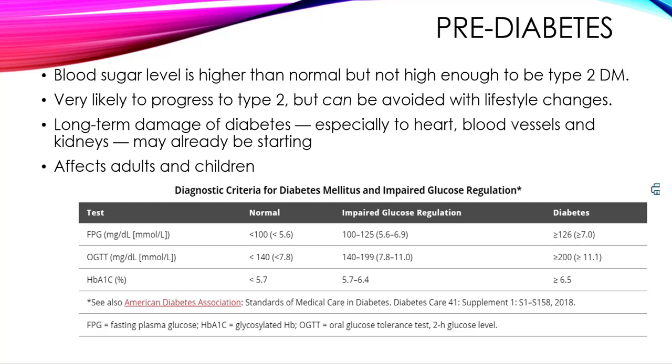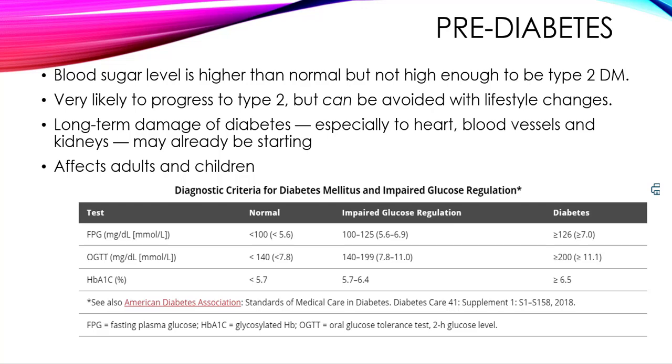Even when a person is told that they have prediabetes, it is still possible that long-term damage, like damage to the heart, blood vessels, and kidneys, has already taken place because of these higher than normal levels of sugar in the blood. In this chart, you can see what the diagnostic criteria for diabetes is.